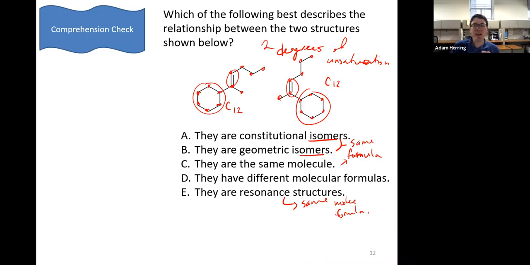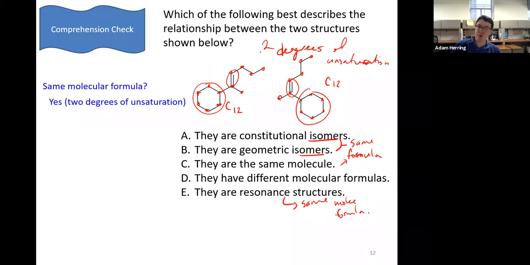Because they have the same level of unsaturation, because they have the same number of carbon atoms, then that means they're going to have the same molecular formula. It's as simple as that. If we had different number of carbon atoms, or if we had different degrees of unsaturation, then they would not have the same molecular formula.